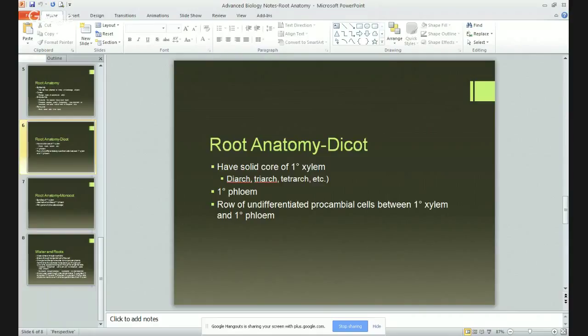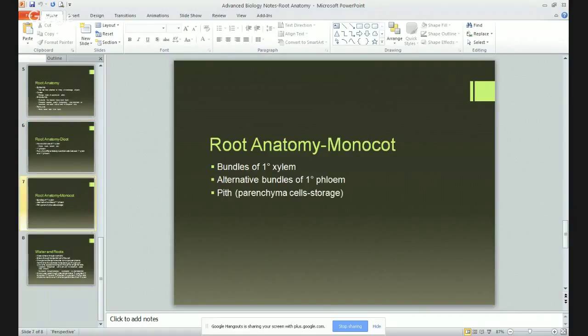Then if you flip the page, your monocot root is going to look a little less crazy. The monocots generally look a little less crazy. With this one, you're going to have alternating bundles of primary xylem and primary phloem. You still have your root hairs coming out of your epidermis, not your endodermis.